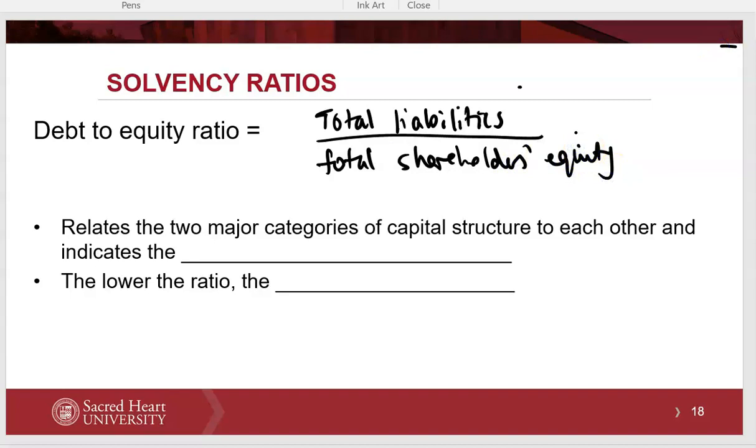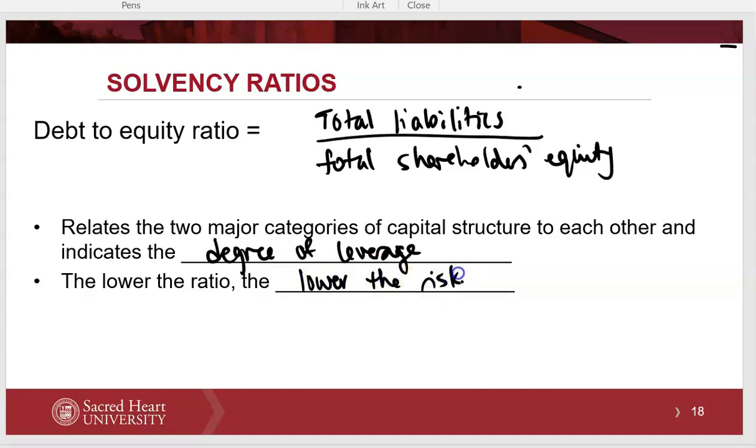And it relates two major categories of capital structure or of financing to one another and indicates the degree of leverage used. When we move on to profitability over the next couple of weeks, we're going to see how this use of leverage can end up making a company more profitable if the return on that borrowed funds is high enough. The lower the debt to equity ratio, the lower the risk.